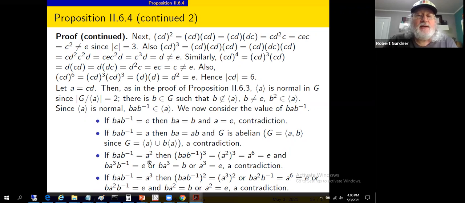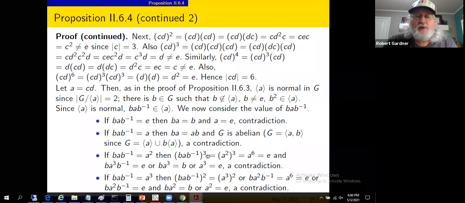Let's try to set it equal to A squared. What if BAB inverse equals A squared? Then cube both sides. That gives us an A to the 6th on the right. A to the 6 is the identity because A is an element of order 6.